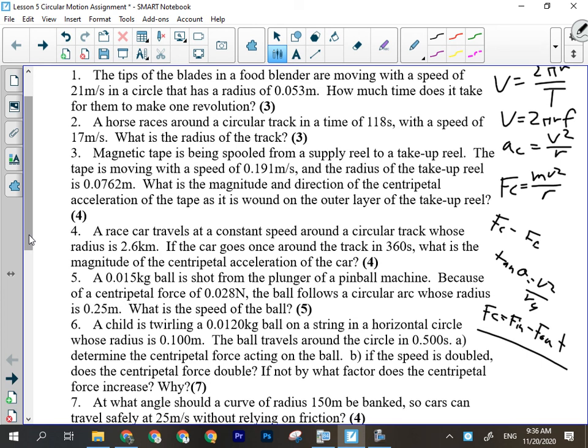They're looking for the magnitude and direction of the centripetal acceleration of the tape. So looking for the acceleration, but also direction. So if it specifically asks for it, you should write it down. We said that most of the time, if something is centripetal, we don't bother writing the direction because it's kind of a given. But if it does ask for it specifically, make sure you include it.